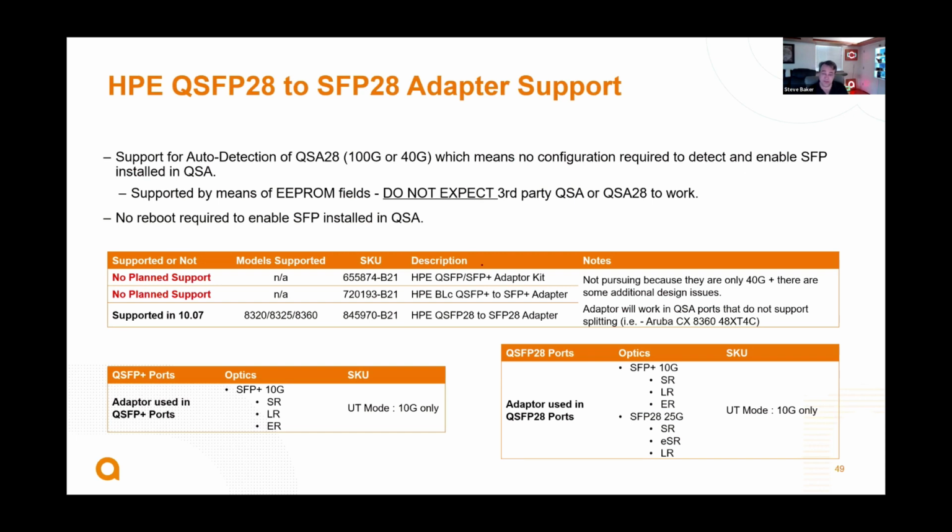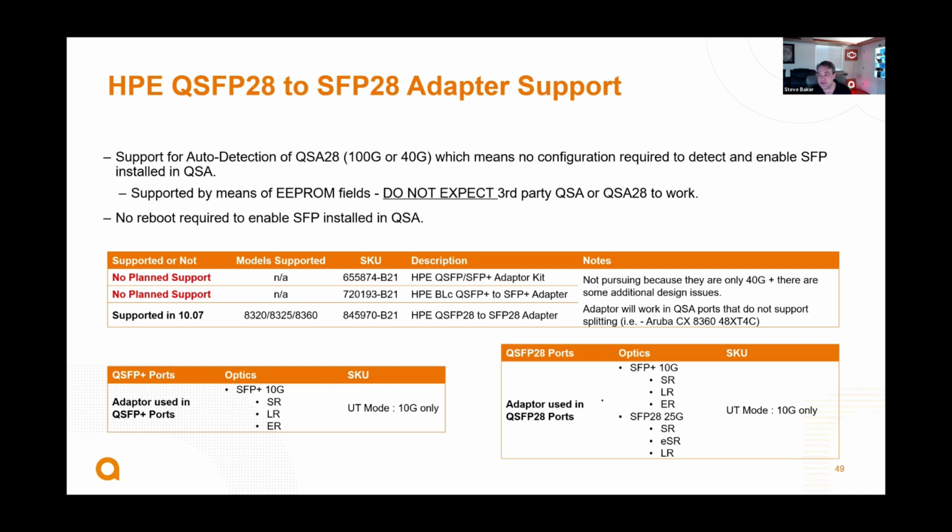Here's the SKU. On the bottom line here, it's for the 8320, 8325, and 8360. There are a couple other types of these adapters on the HP price list, but we don't have any planned support for those. You can see when it's used in a QSFP Plus port, it'll support, of course, 10 gig SR, LR, ER.